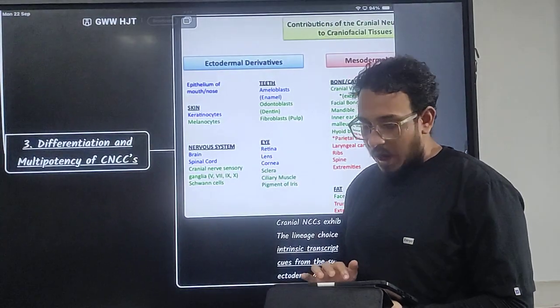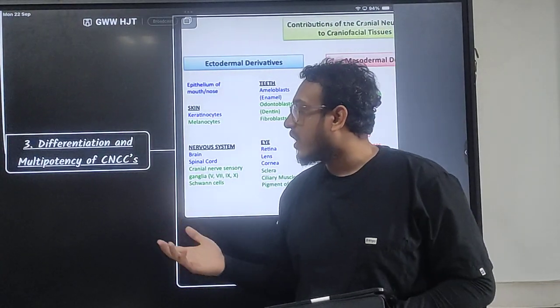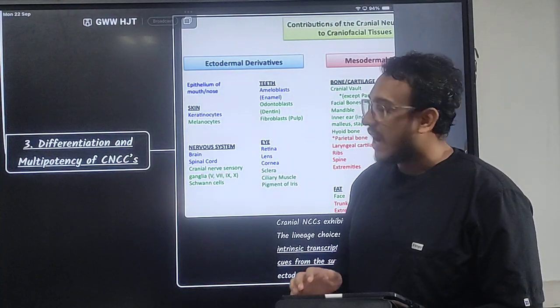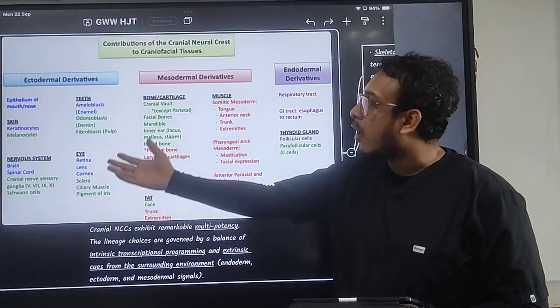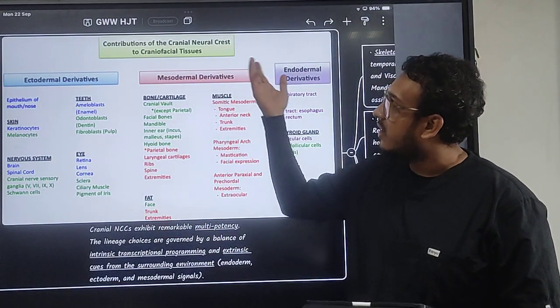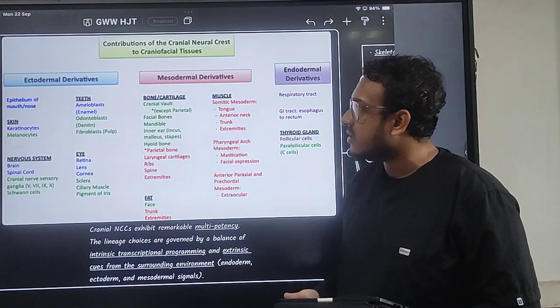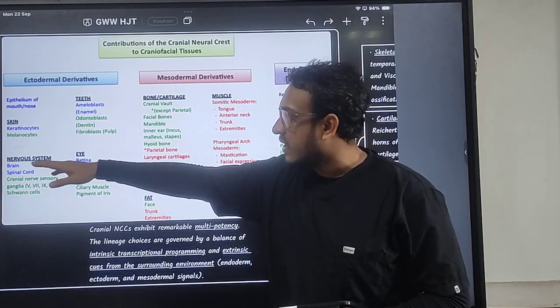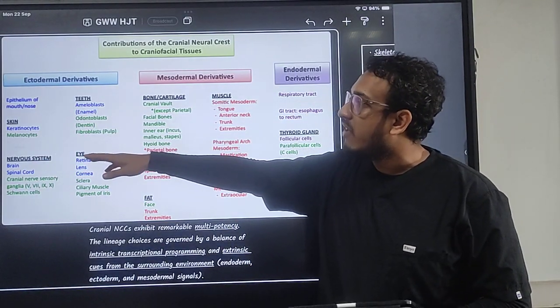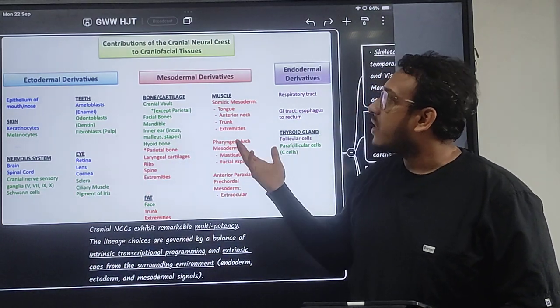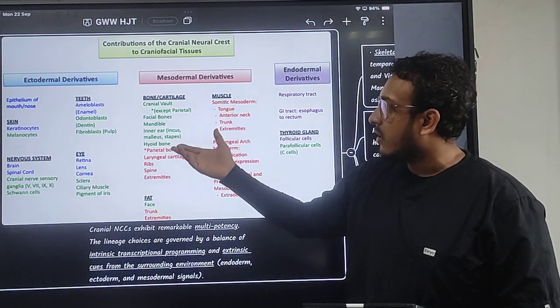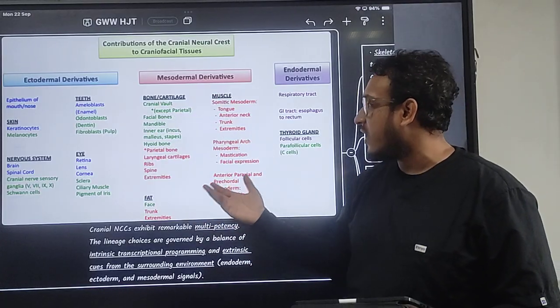Then coming to differentiation and multipotency, we'll look into that factor of the cranial neural crest cells. Here is a brief table of how all these structures are formed by the neural crest cells. In the ectodermal derivatives, it forms the skin, nervous system, teeth, and eye. In mesodermal derivatives, it will form bones, cartilage, and fat tissues.